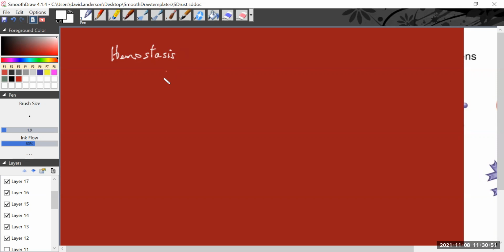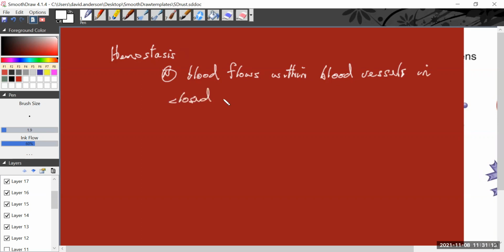So normally, blood flows within blood vessels in what is called a closed circulation, which really means no exposure to outside stimuli.